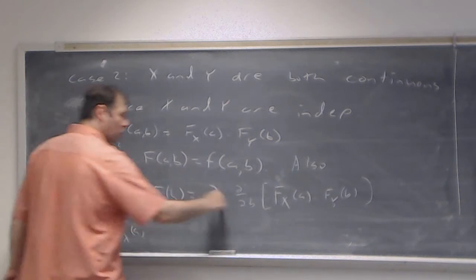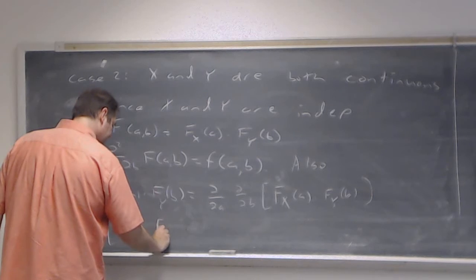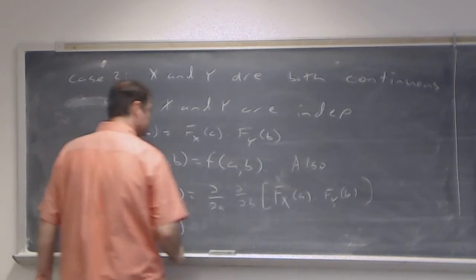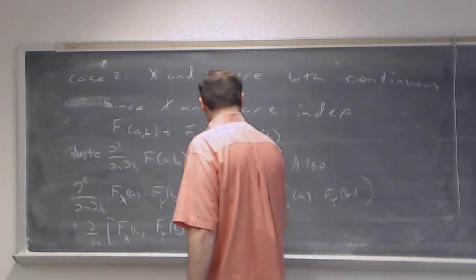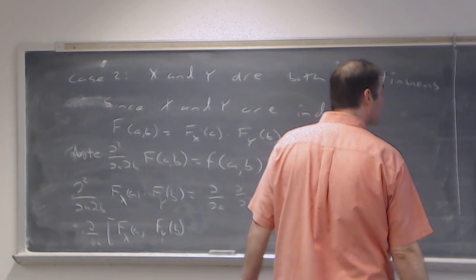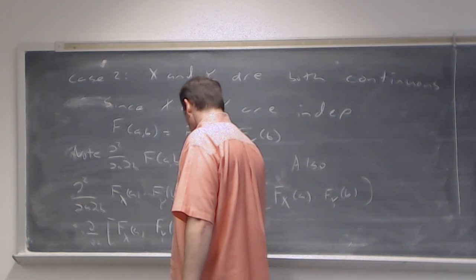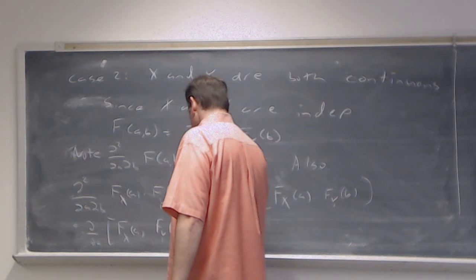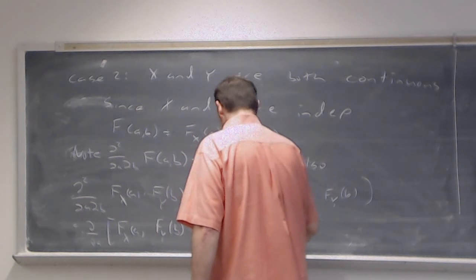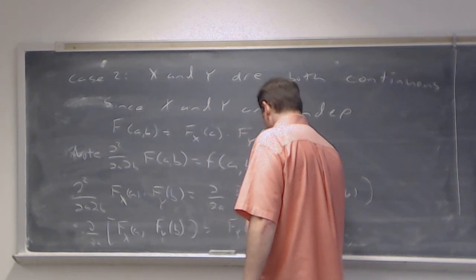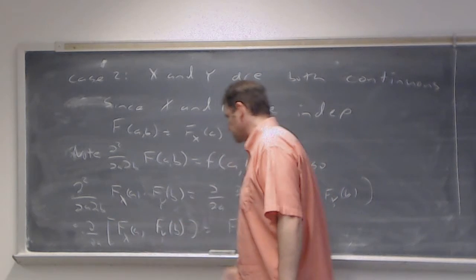And now the partial of this guy is nothing more, we've proven already, than little f sub y of b. And that's equal to, well, this is a constant, so I can pull it out, F y of b, times the partial with respect to a of the CDF of x of a.